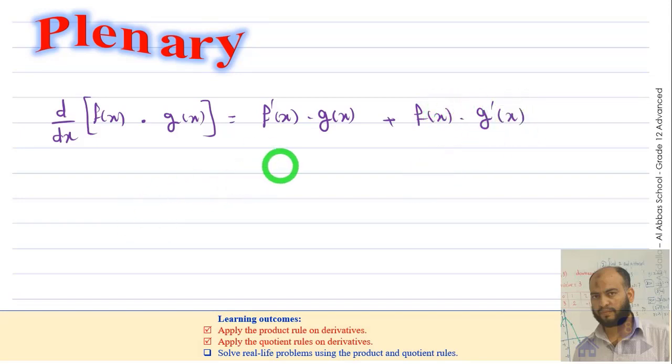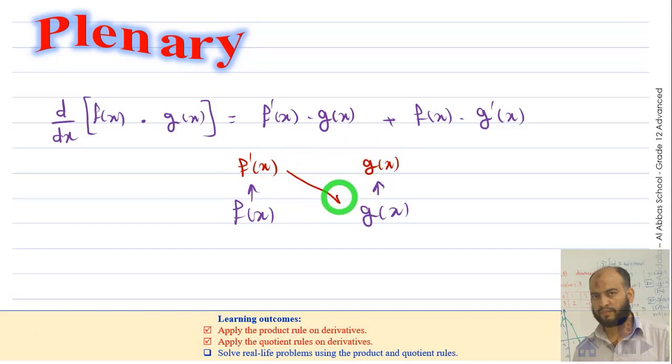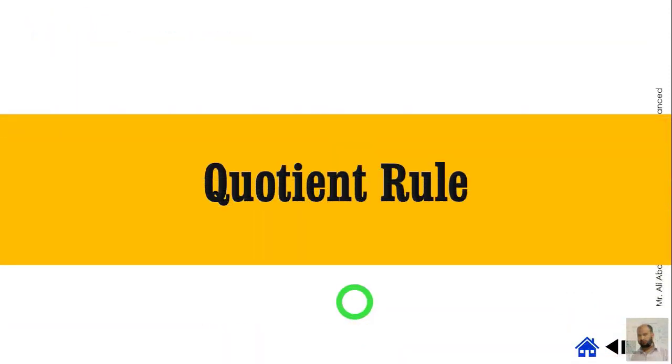You can remember this rule in an easy way. Only write f(x) on the left, g(x) on the right. Then you can find each derivative, f'(x), g'(x). Then you can use cross multiplication to remember this rule.